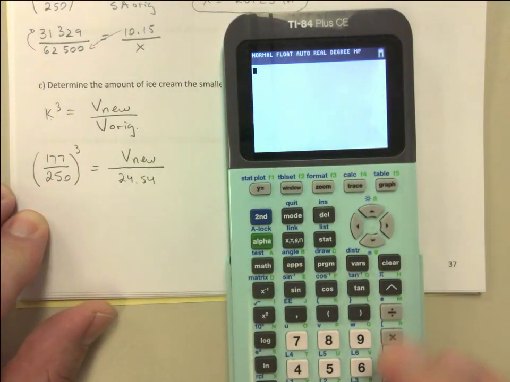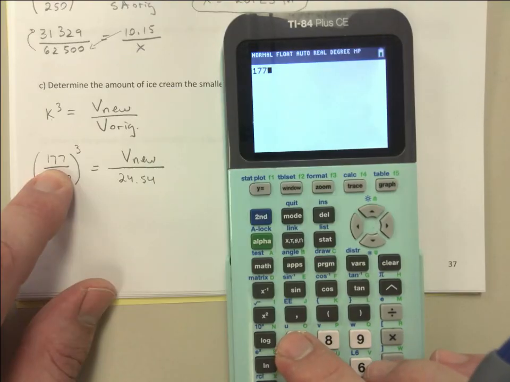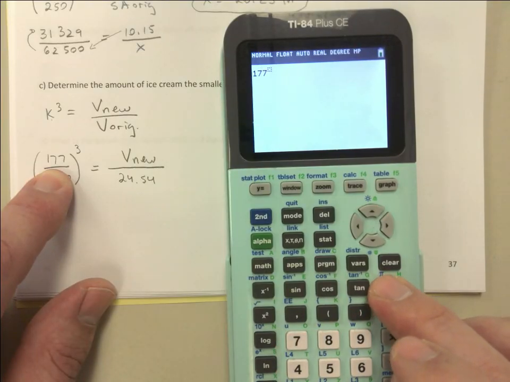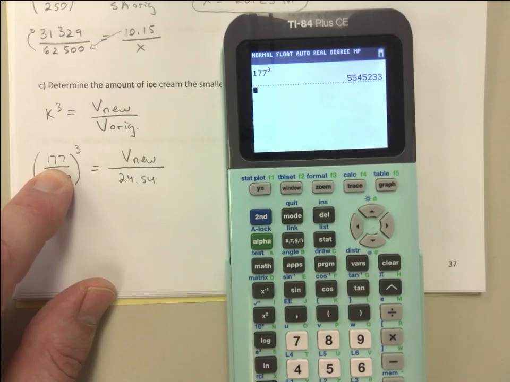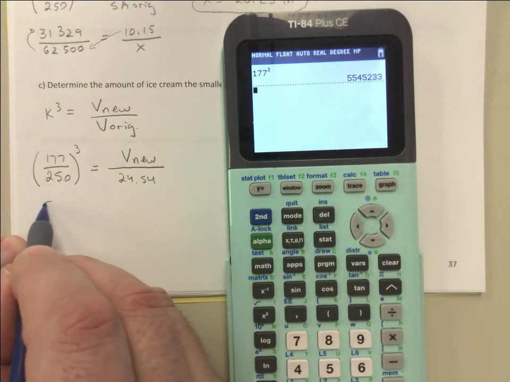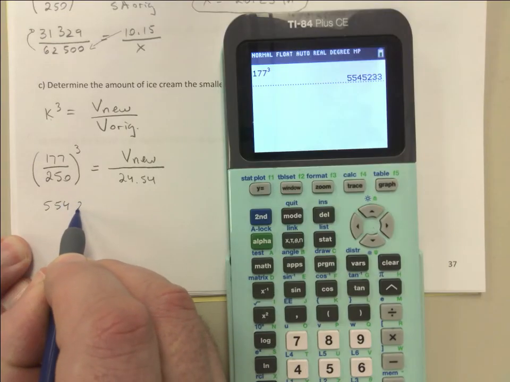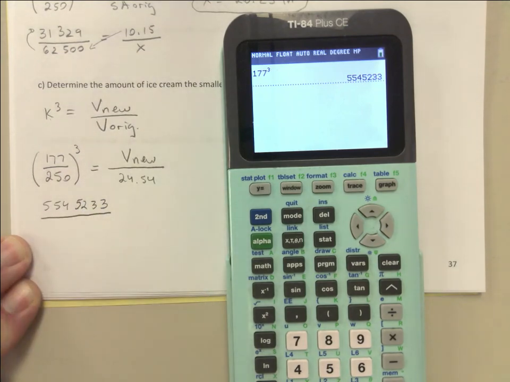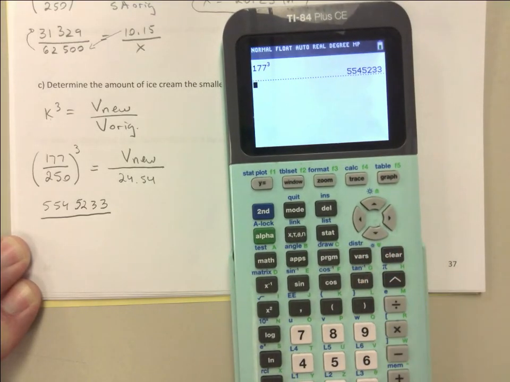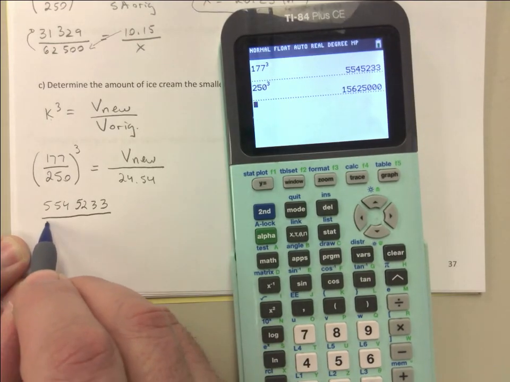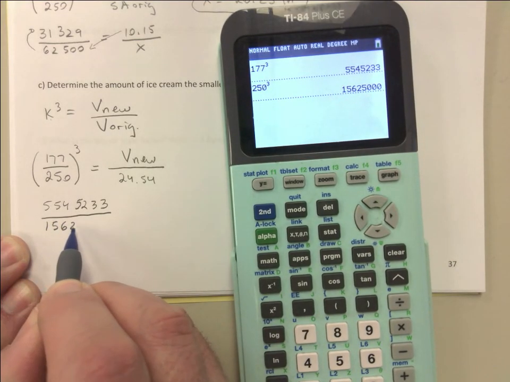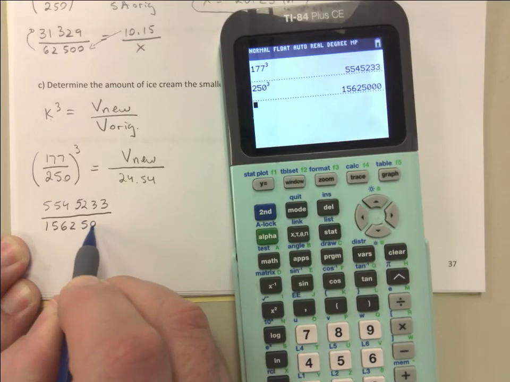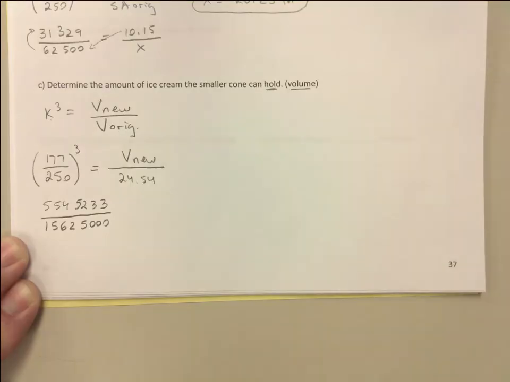So grab your calculator, you go 177. I use the hat button and I go cubed. So that's 5,545,233. And then you go 250, hat 3, so you're cubing it. That's 15,625,000.